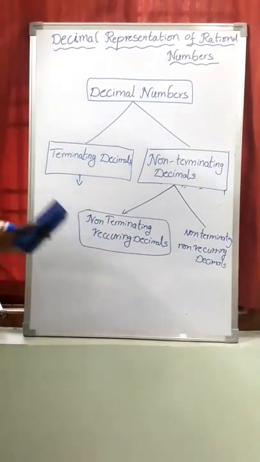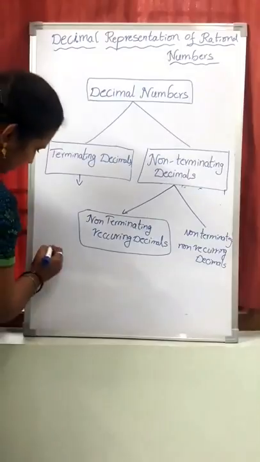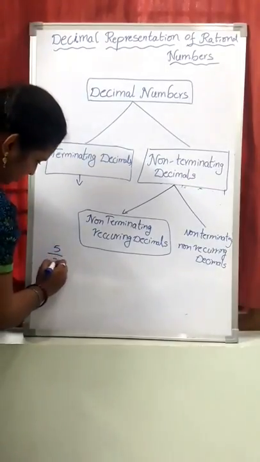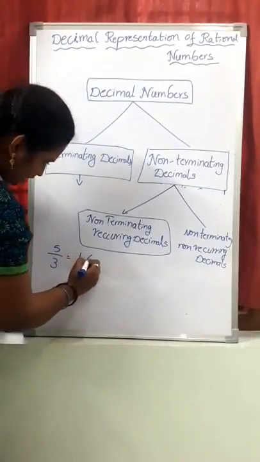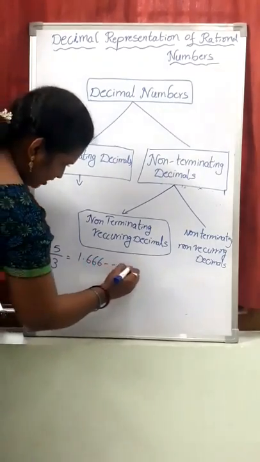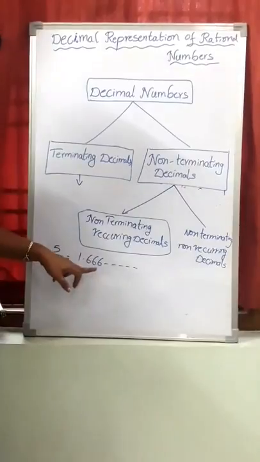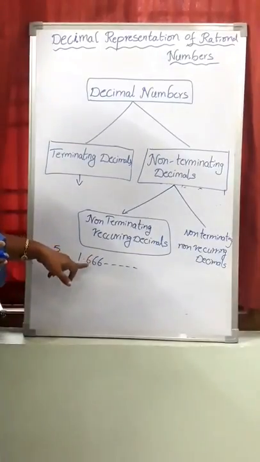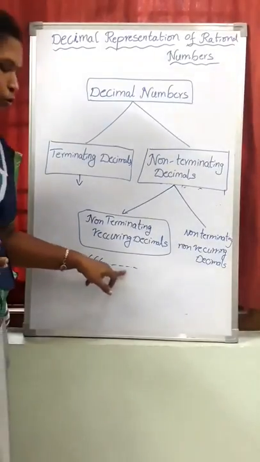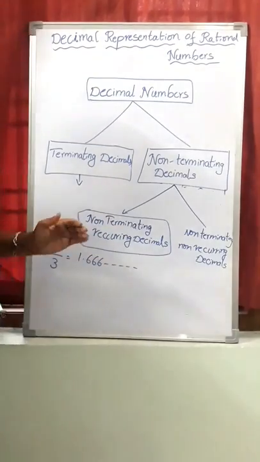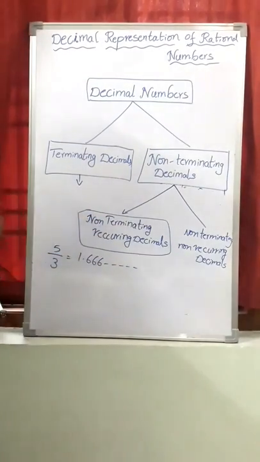In the previous example we discussed that the value of 5 by 3 is equal to 1.6666 and so on. Here when we observe the decimal part, the same digit is repeating more and more number of times. It is repeating infinitely.